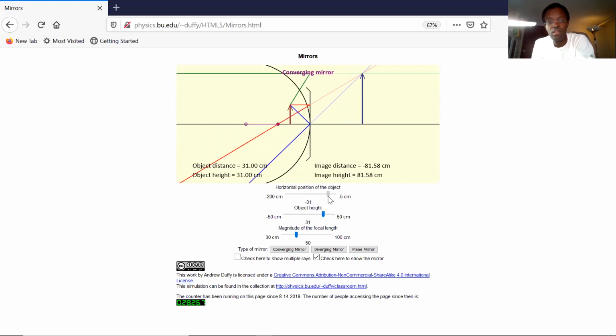As the object gets between the focus and the mirror itself, now the image has become virtual. Okay, and now it's not upside down anymore. It's upright, and it's larger than the object. So you will have to talk about all of this in the lab.